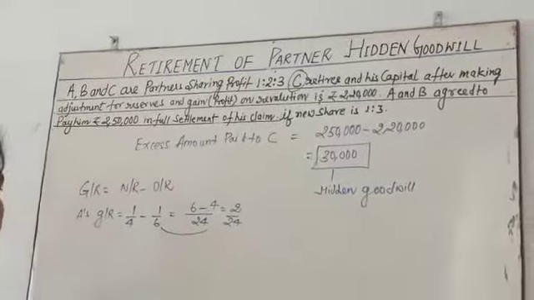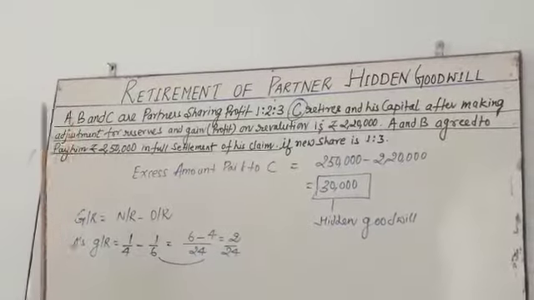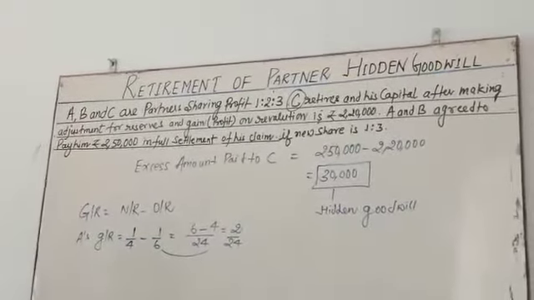Now calculate the gaining ratio of B, who is also an existing partner.